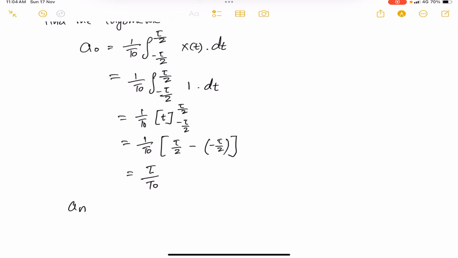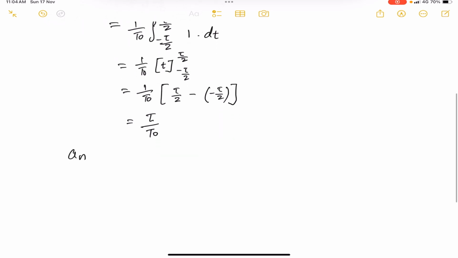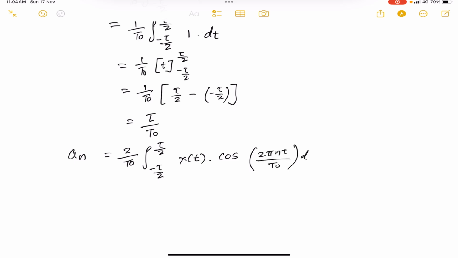Then after that, you can find the an. The formula of an is 2 over T0 integration, again from negative tau over 2 to tau over 2, then x(t) multiplied with cos 2 pi nt over T0 dt.